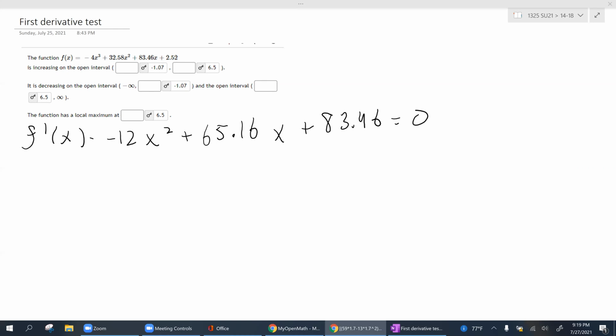This is a quadratic function, so what would be expected from you is to use the quadratic formula. You must use the quadratic formula.